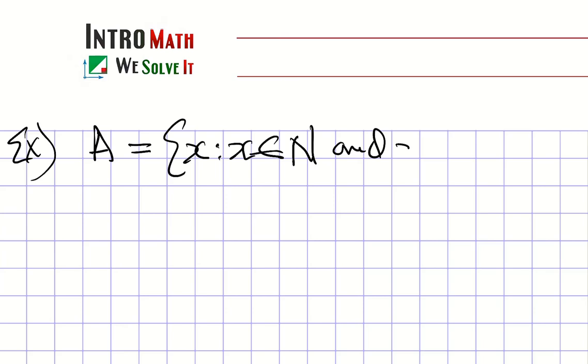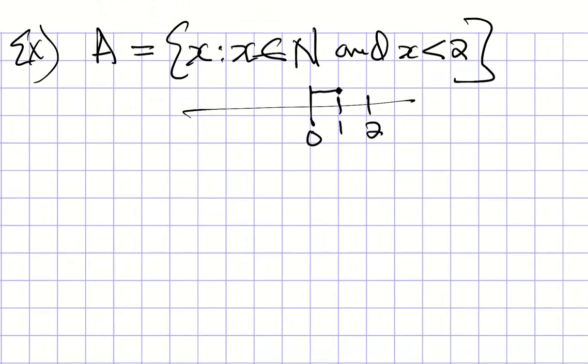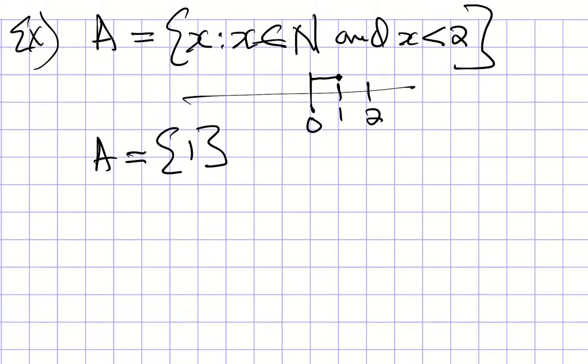And x is less than 2. Of course, if we draw the Cartesian coordinate, this is 0, this is 1, this is 2. If it's less than 2, it means it starts here, and then it doesn't go to 0. It's only one element. So that means A is equals to a set with only 1 in it. So that's a singleton, right? A is a singleton.